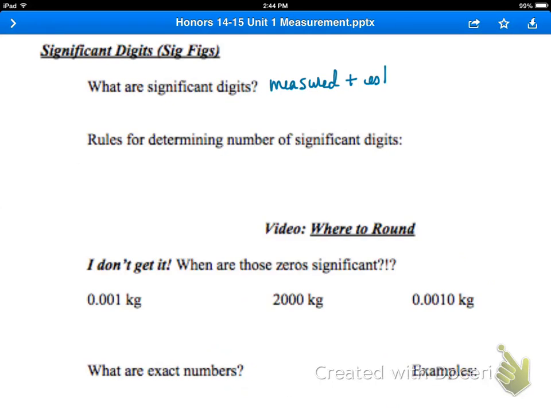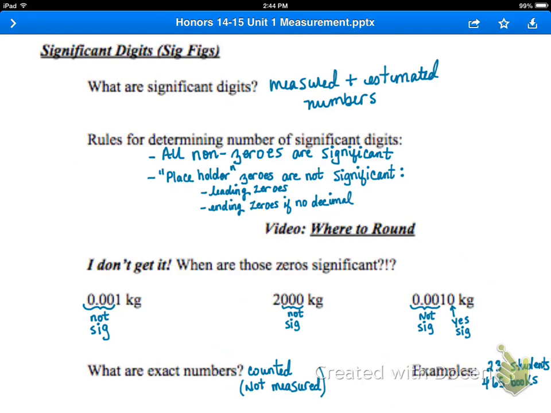All right, so that leads us to this whole concept of significant digits or significant figures. Significant digits are those measured to estimated numbers.